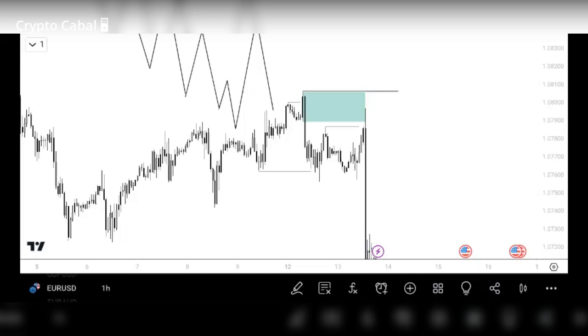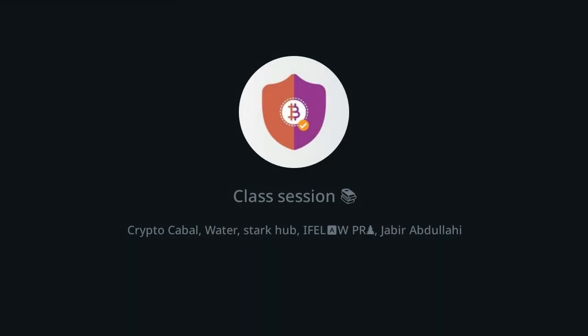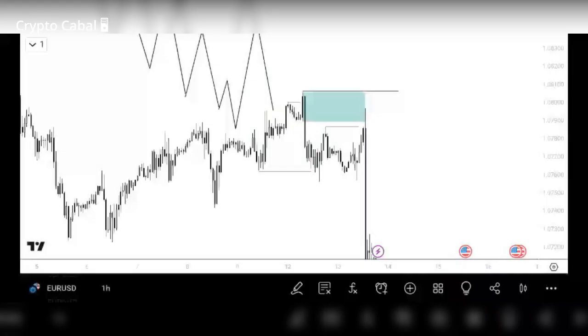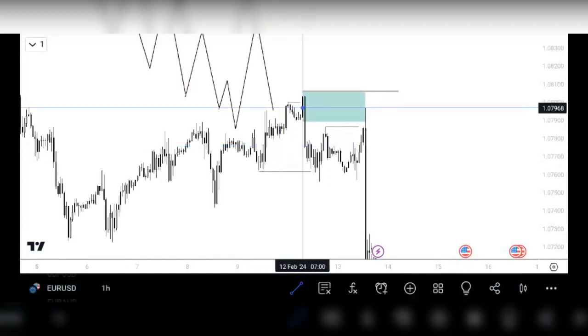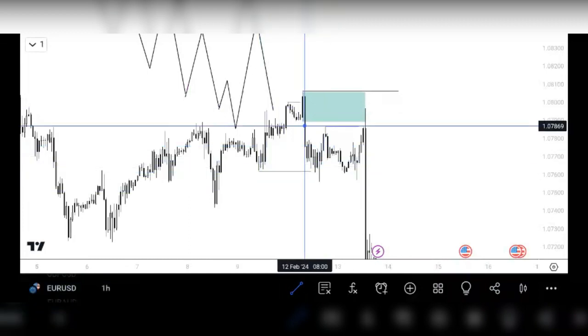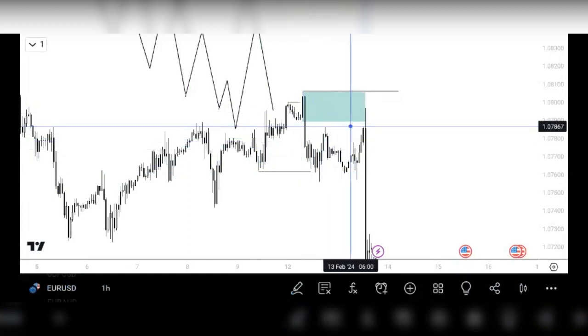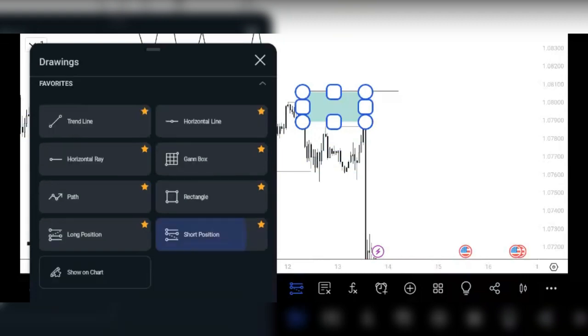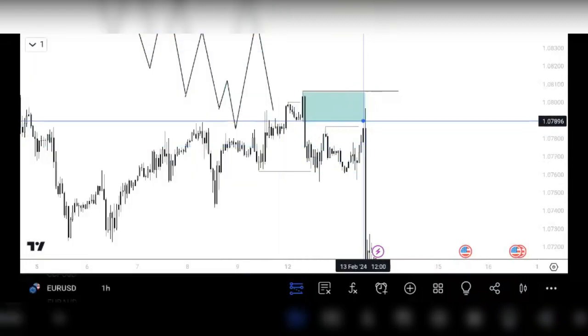The fair value gap must have an inducement before it, and it must break structure. Now, this particular order block met all these criteria. Look at it. It broke structure to the downside. It has a fair value gap, and it has an inducement. And look at what happened. We have price dropping to the downside from that point.